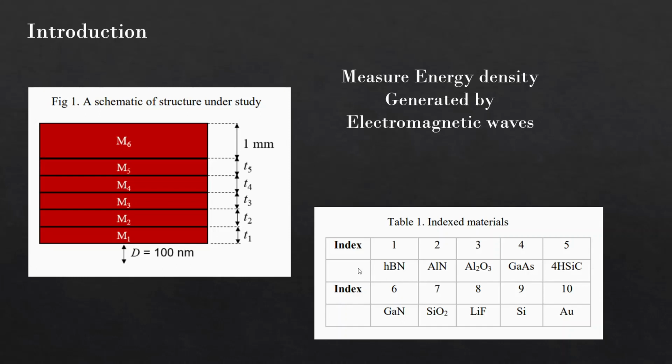We want to use the neural network model to predict the structural features of the desired energy density spectrum, and then fabricate that structure and test it in the laboratory. So first we need to consider the materials that are stable at high temperature. The temperature is about 600 to 700 Celsius.